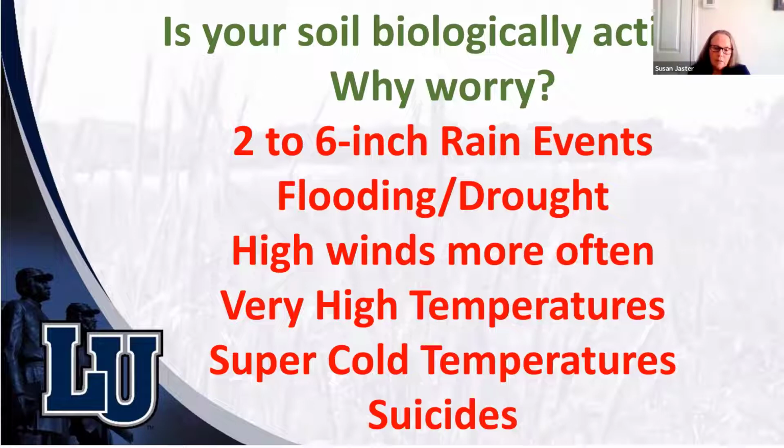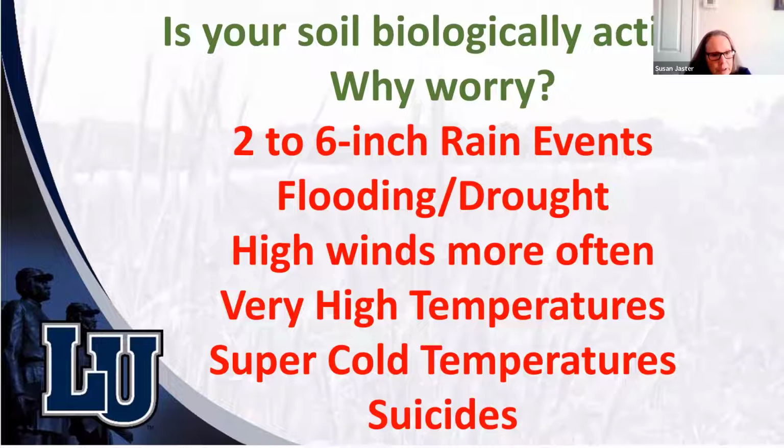There's flooding and drought. Usually, as we watch here in the Midwest, if we have a lot of flooding, then we seem to go right into drought after that. It just seems to be part of the system now with climate change.